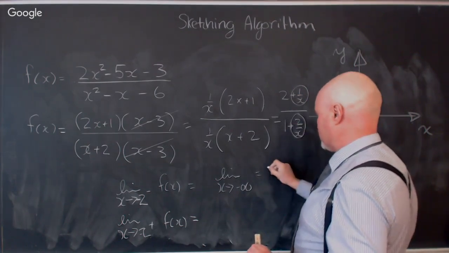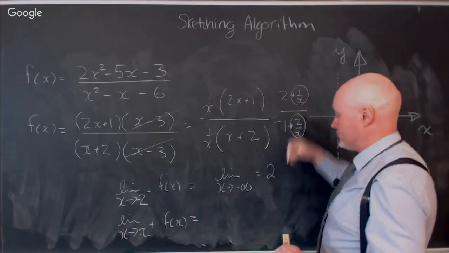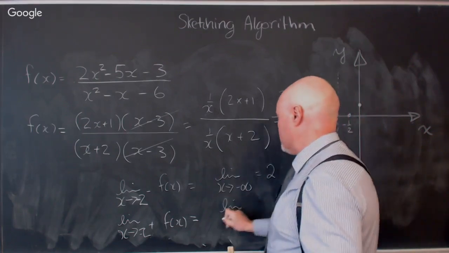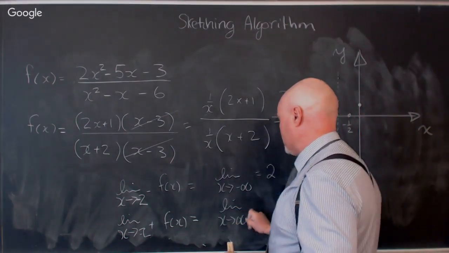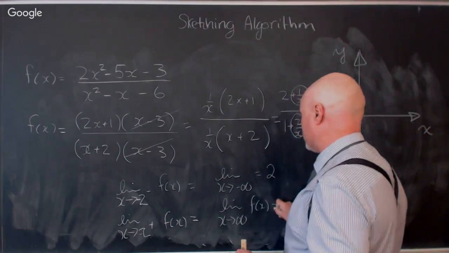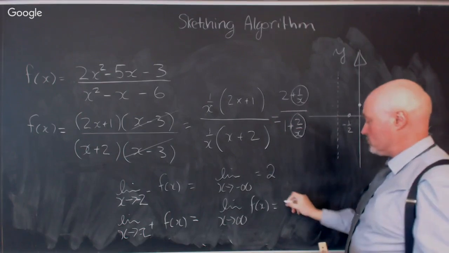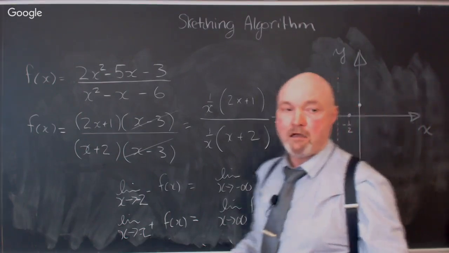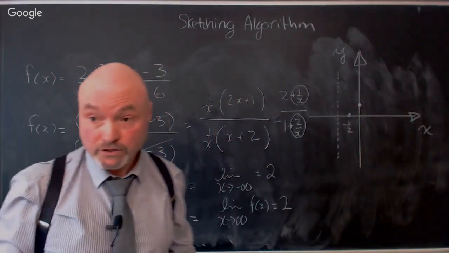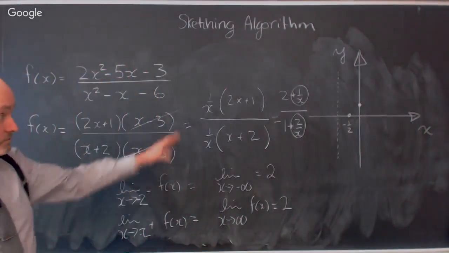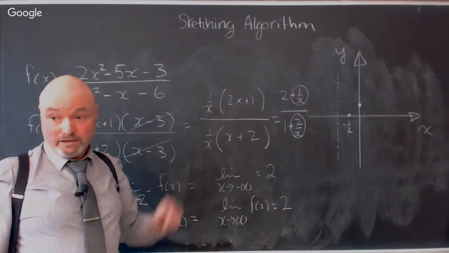So basically as x goes to negative infinity, this thing is headed for 2. Similarly, as x goes to positive infinity, I should put f of x, same thing, okay? It's basically 2 over 1, or 2. So we have a horizontal asymptote of y equals 2. So this is one way that you can do that.